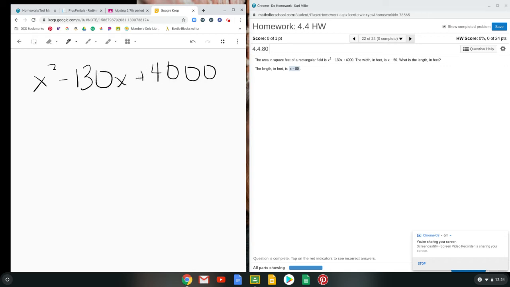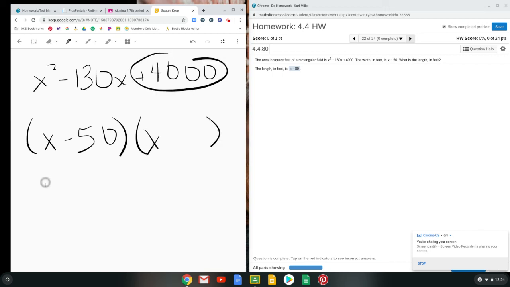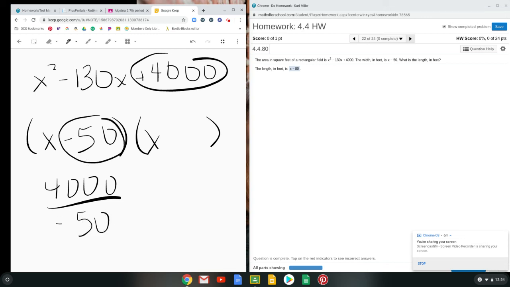They give us the width. The width is x minus 50. We're trying to find the length. So really, all you have to do is take this last term, 4,000, and divide it by this term, negative 50. And that will give you what goes here. So x minus 80. I wanted you to see that it was actually easier than it looks because it's a word problem.